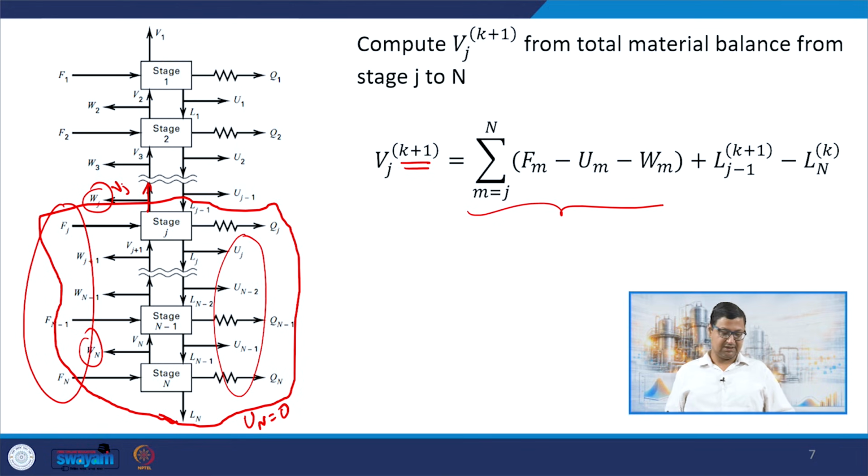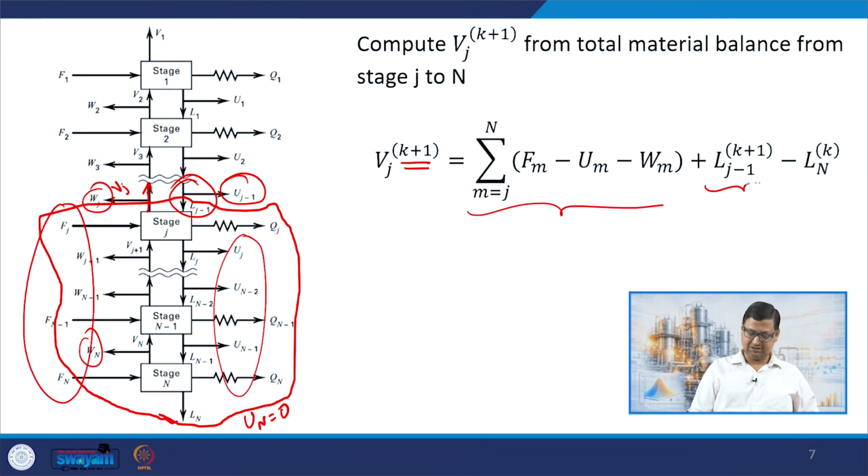And what is also coming in here is my Lj minus 1 from the stage above, right. This liquid side stream uj minus 1 I am not considering here, it will be considered in the top balance, right. And what is also leaving is my Lnk from the last stage, right.